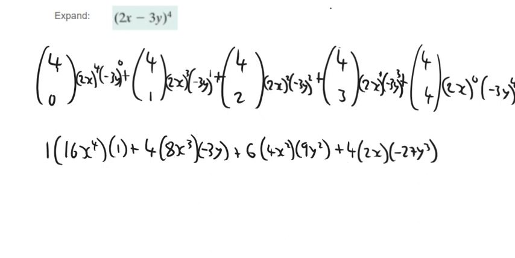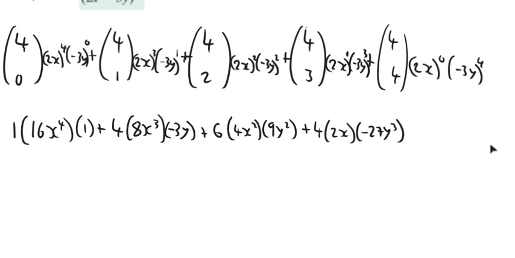Minus 3 times minus 3 times minus 3, plus 4 choose 4 is 1, 2x to the power of 0 is 1 as well, and this minus 3 to the power of 4 will actually be 81y to the power of 4.